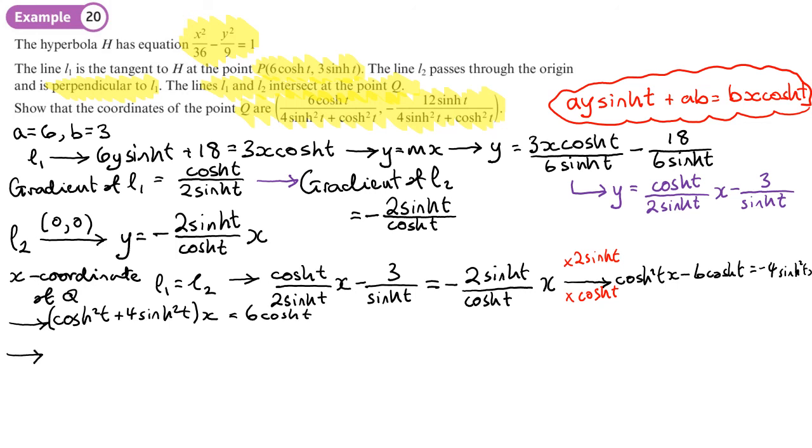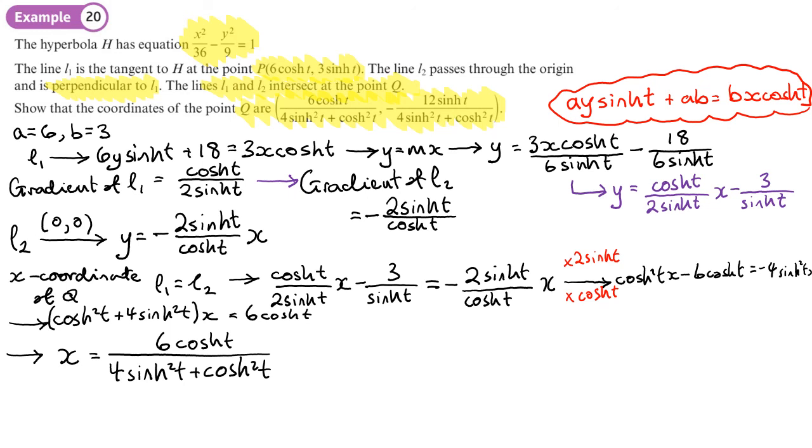So that will give me an x value of 6 cosh t over, let's write it the same way as they've written it, 4 sinh squared t plus cosh squared t. Okay, so we're halfway there. So we found the value of x.